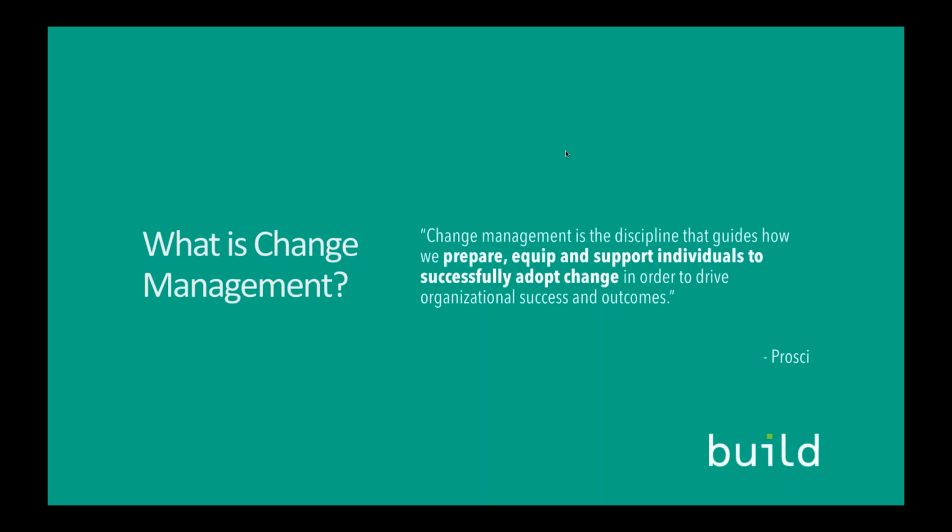And the core of that definition is that change management guides how we prepare, equip, and support individuals to successfully adopt change. You'll notice it doesn't say guides how we make everybody on the project happy. It's a frequent misinterpretation of change management that it's about making sure that everyone is happy with the change that's happening. It's not. It's about making everybody ready for that change and hopefully in the process, making some of the people happy.